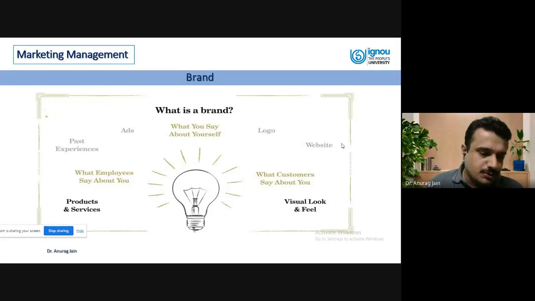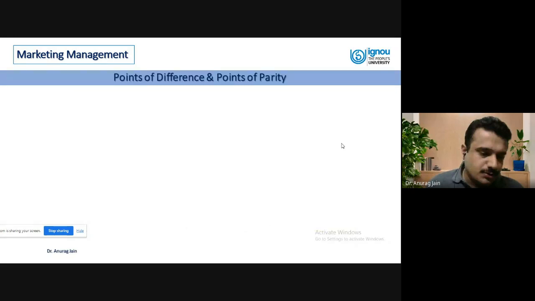Similar is the case with Coke, as many of you are mentioning. Whenever you want a soft drink or any beverage, you go for buying Coca-Cola, not for buying a soft drink. That is a brand. That is a kind of association which is over there in your mind. So that is known as brand.